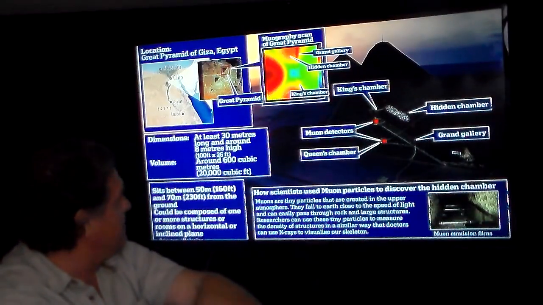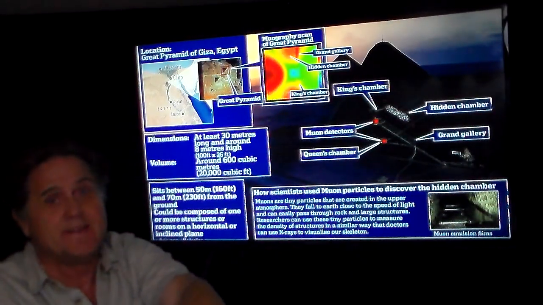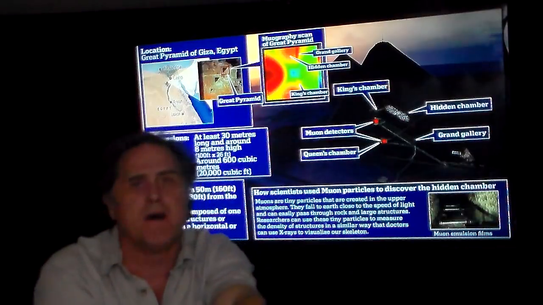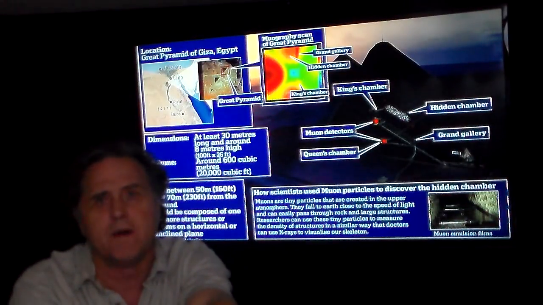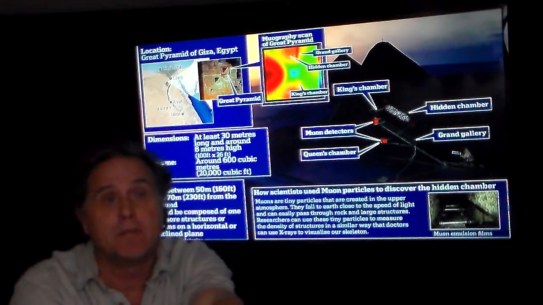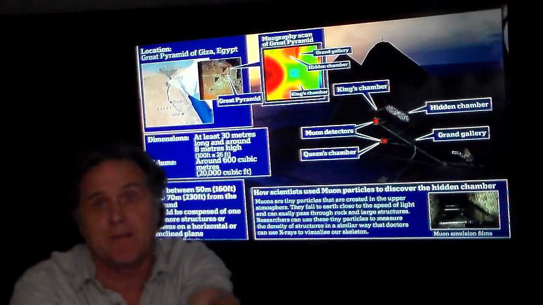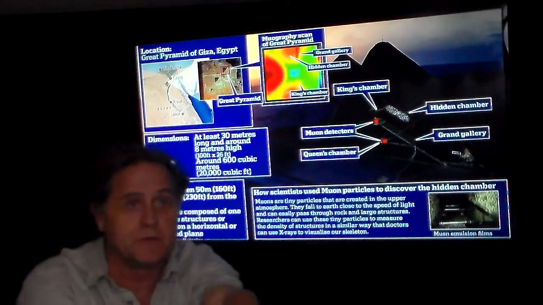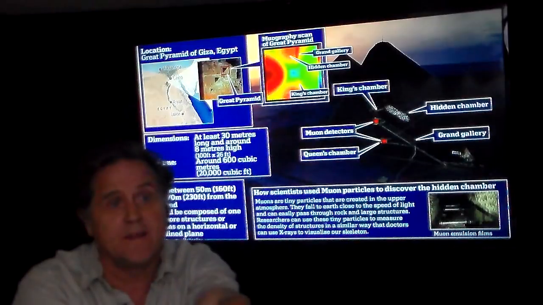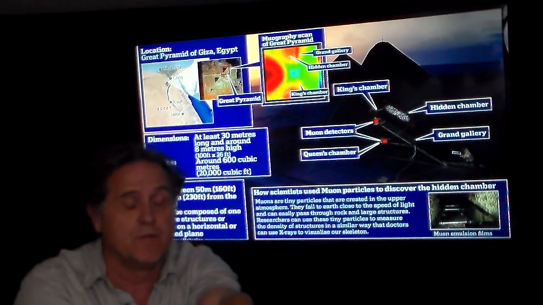Anyways, point being that what they're seeing is a high volume of muons above the Grand Gallery, because the Grand Gallery is the vacuum chamber off of the King's Chamber, which was a high density gravity zone coming out of the 4 or 5 relieving chambers above the King's Chamber.